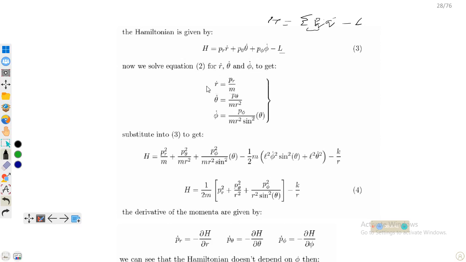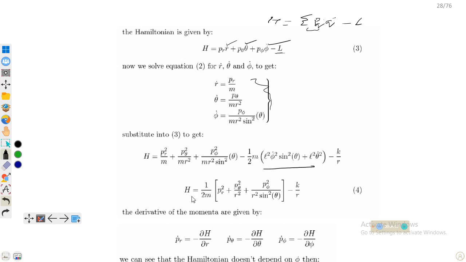Just plug these values into this equation respectively, and H will be equal to pr squared over m plus p theta squared over m r squared plus p phi squared over m r squared sine squared theta minus the Lagrangian. We have already found the value of the Lagrangian, and plugging those values in gives us the total Hamiltonian.